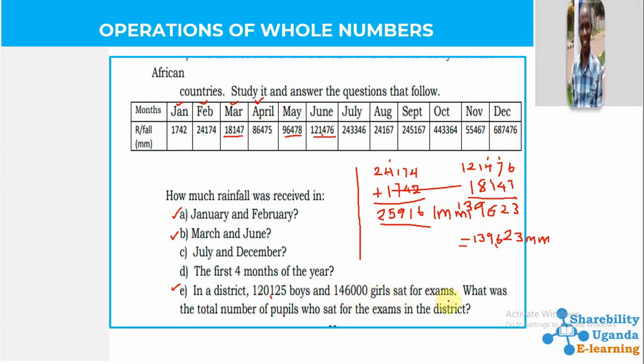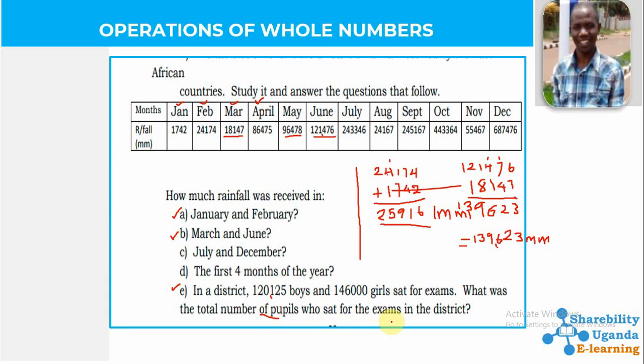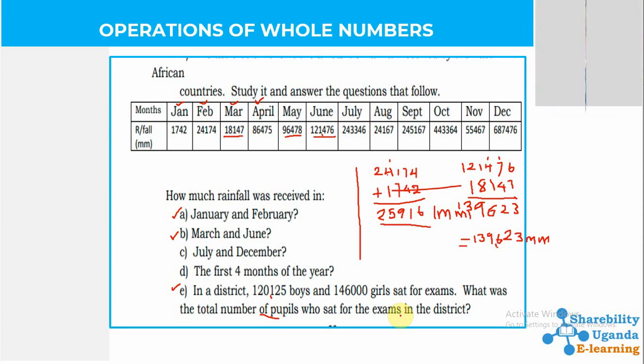All of them sat for exams. What was the total number of pupils who sat for the exams in the district? Okay. Now you can be able to see what they are talking about here.